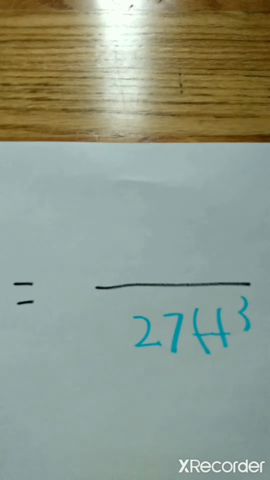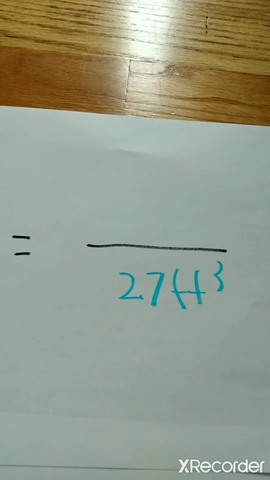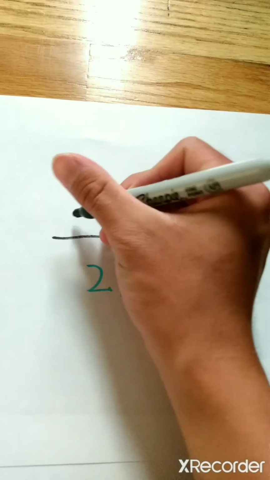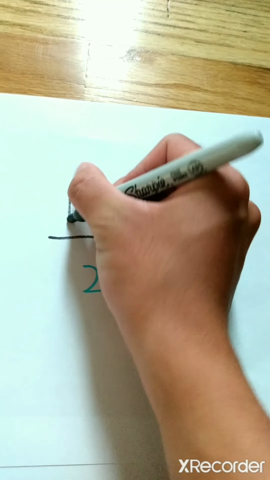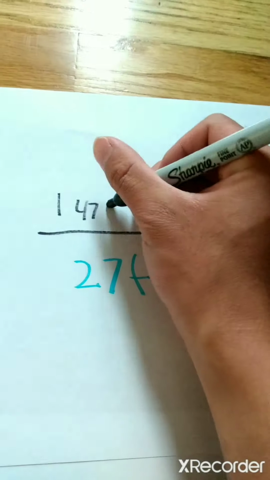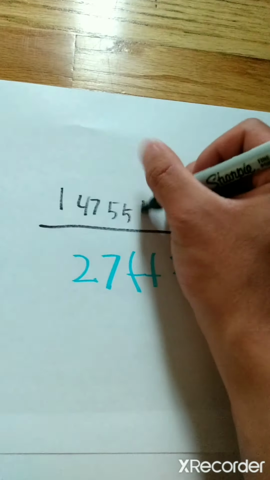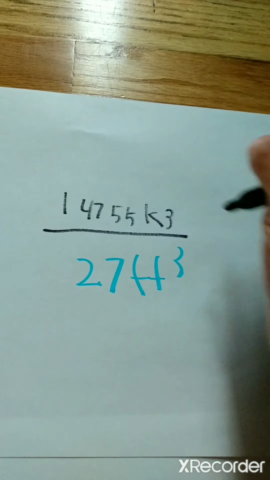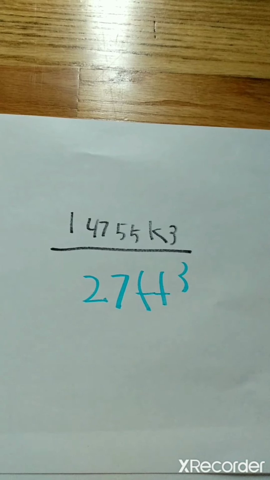That's why we use grams and kilograms. And since gold is very, very heavy, let's say it's going to weigh 14,755 kilograms, because gold can be very heavy.